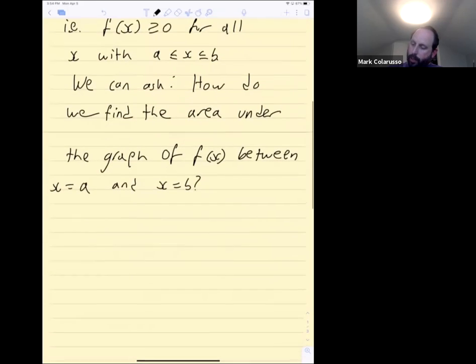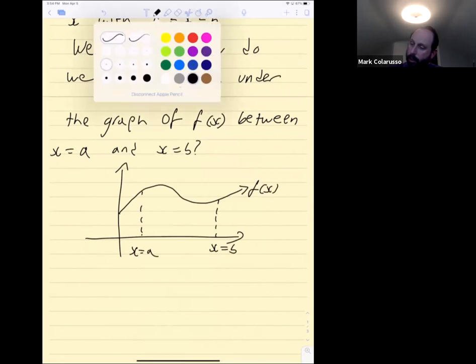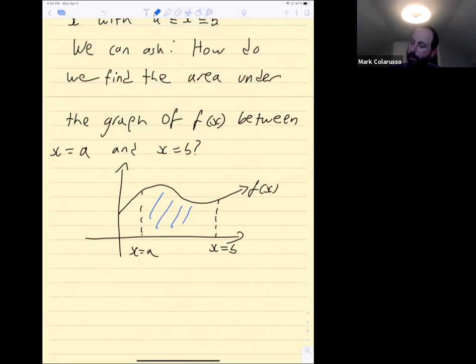Let's draw a picture, just to give an idea of what kind of thing we're looking at. Say here's x equals a, here's x equals b, here's f of x, and you want to compute this area under the graph between a and b. So that's the question mark, right? What is that area?